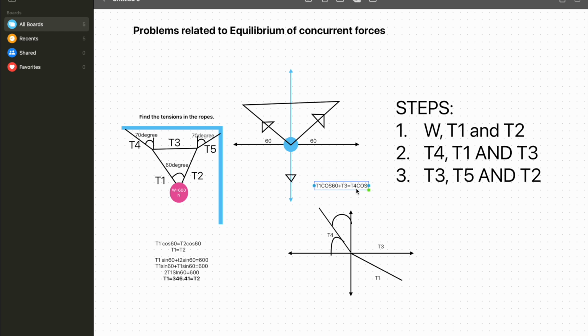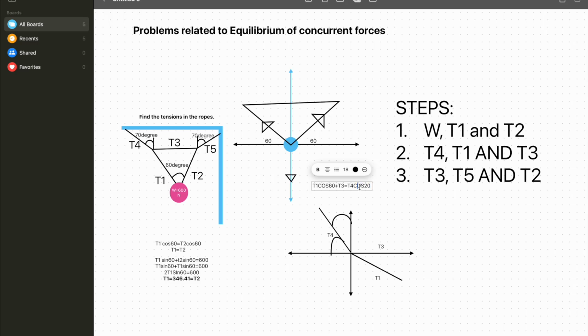You just have to balance out the logic. You can write whatever you want, but you have to balance out the logic. So T1 cosine 60 plus T3 equals T4 cosine 20, right?